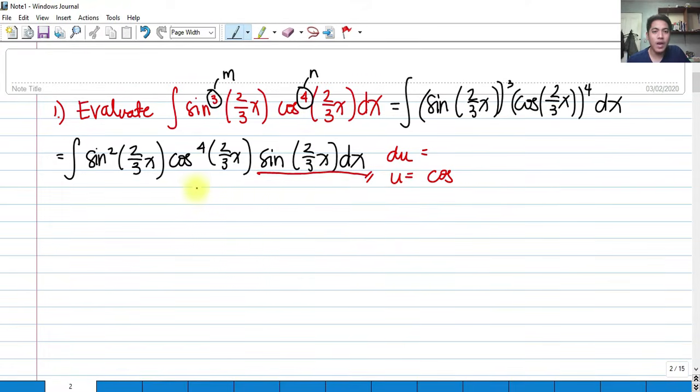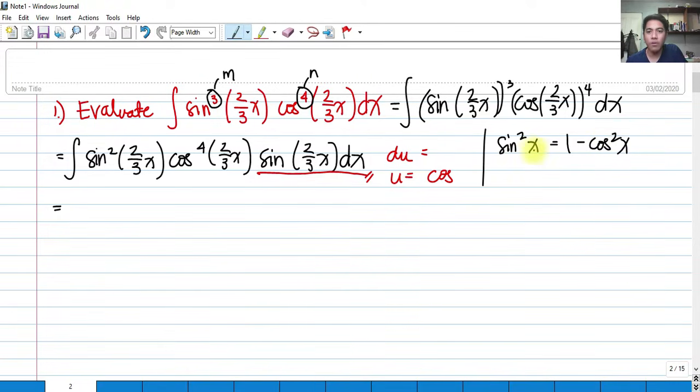So what will happen next is that if this is our du, we must make the necessary substitution of sine squared 2/3 x into cosine, because we want all of the remaining terms inside the integral to be cosine. Let's recall the identity from a while ago: sine squared x is equal to 1 minus cosine squared x.